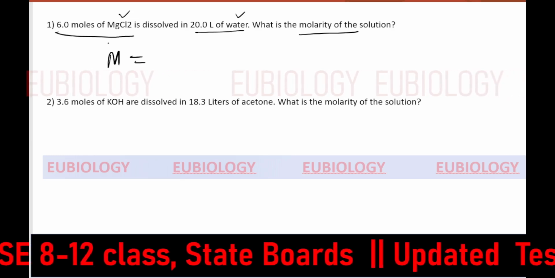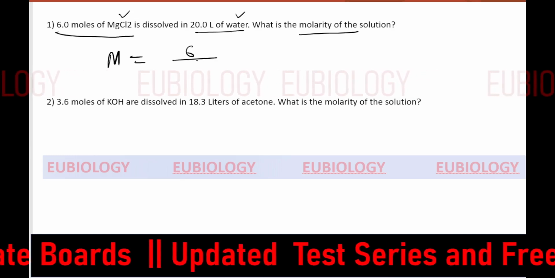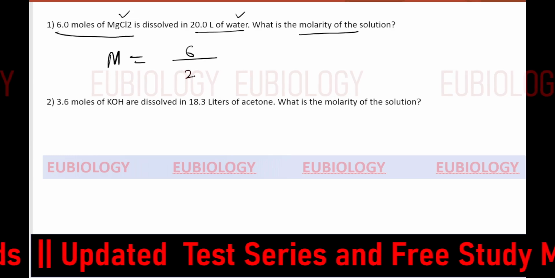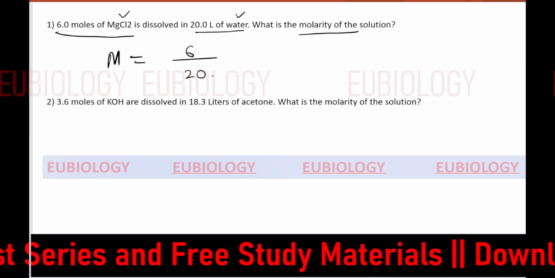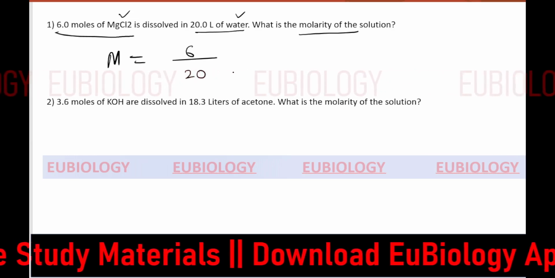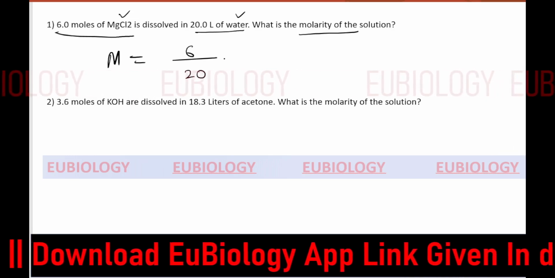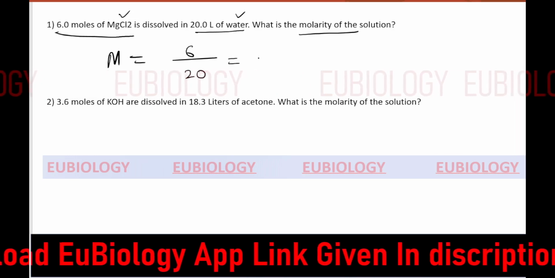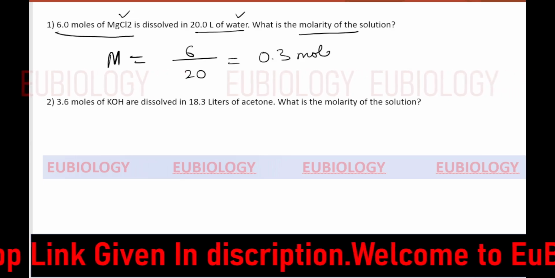So here MgCl2 is your solute. So moles of solute, 6 moles, by 20 liters. Do we have to convert to 20,000 ml? We don't need to, it's already given in liters, so we just divide. What will be your answer? 0.3 moles of MgCl2.